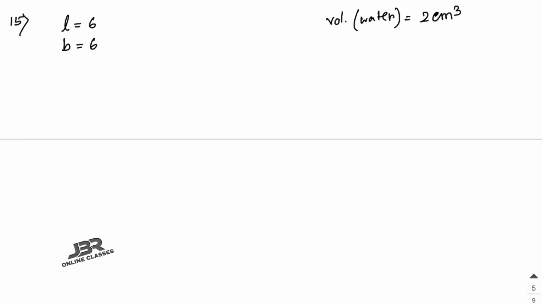So here the total amount of water gives the volume of the cube. The volume of the cube will be 6 into 6 into (1 plus 2), which equals 38 centimeter cube. Okay, 38 centimeter cube is your answer.